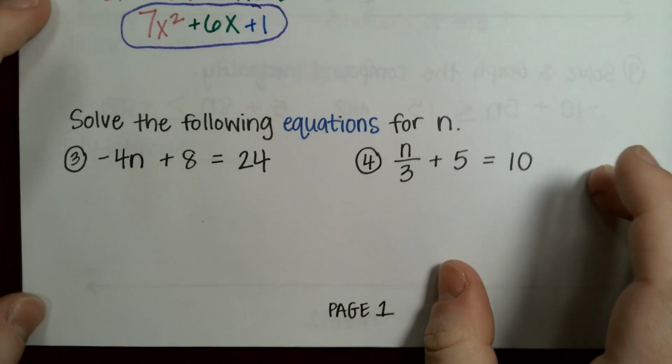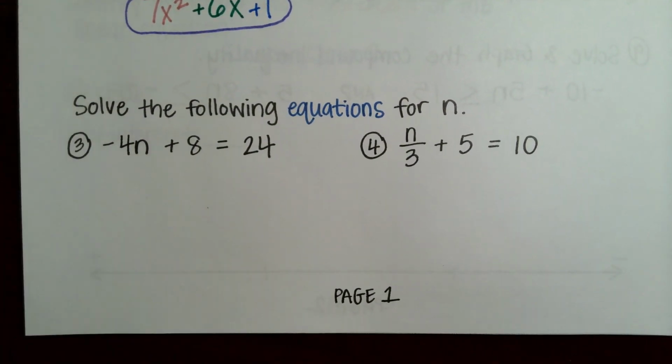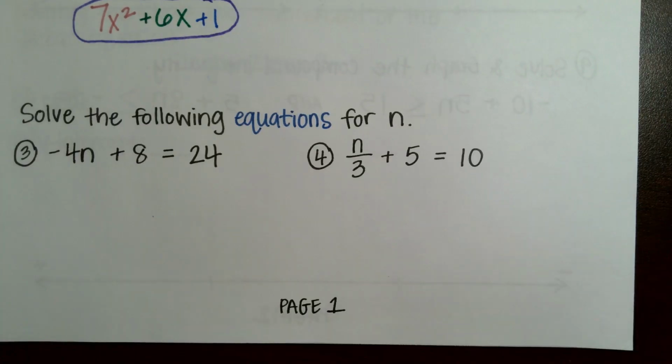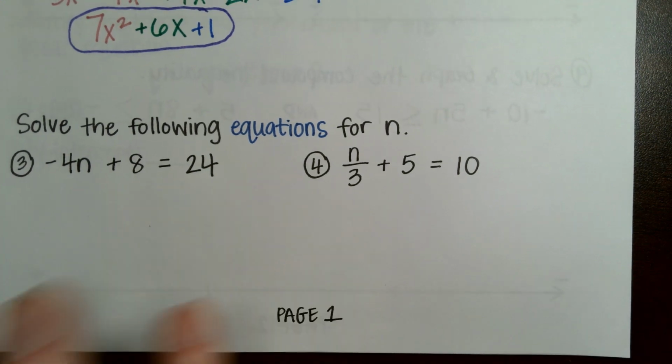We're solving equations here. We're doing the equation solving for n. So, whenever we are solving equations, what are some of the things that we need to keep in mind, or the rules that we follow? Yeah, we've got the order of operations to keep in mind.